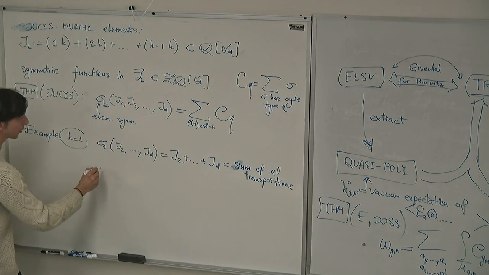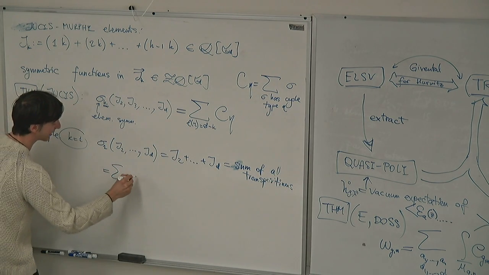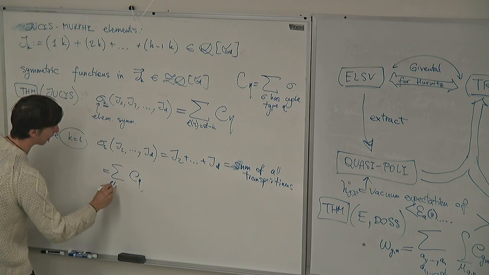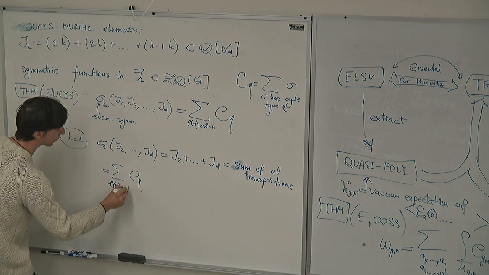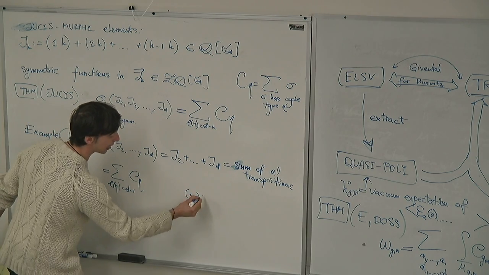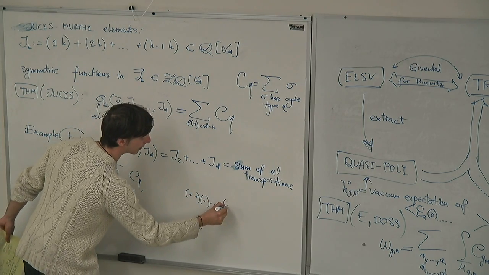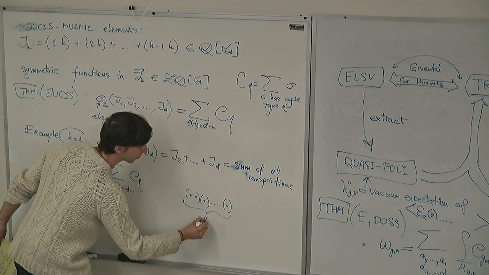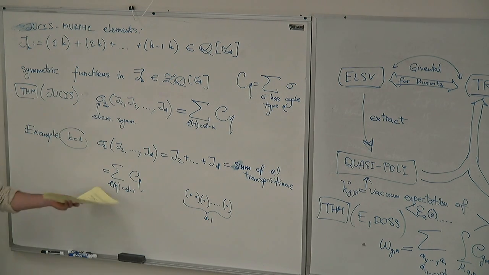Right? But this is also equal to the sum of all the C eta with length of eta equal to d minus 1. Because whenever I have a transposition, I write it as two elements in the same cycle, and then all the other elements are alone, and the length of this is d minus 1. And these are exactly all the elements of length d minus 1.